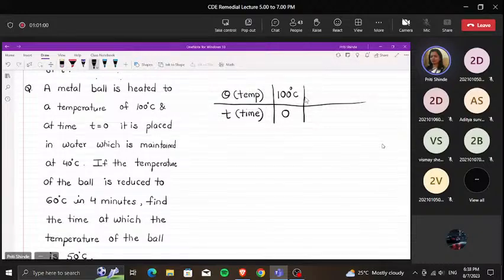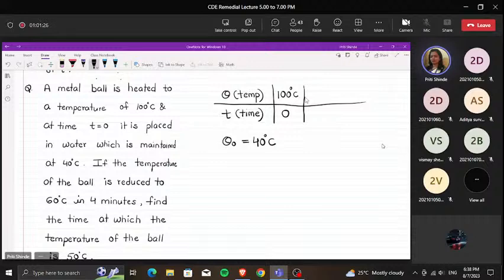It is placed in water, so the surrounding is water, which is maintained at 40 degrees Celsius. So 40 degrees Celsius is the surrounding temperature because the metal ball is placed in water. Carefully prepare your table.